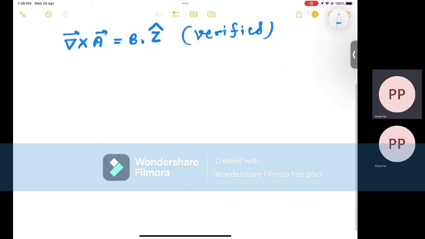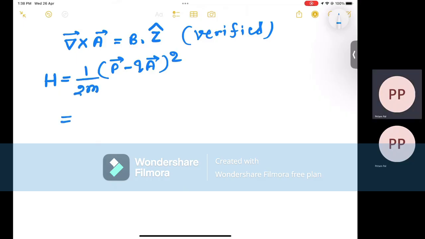So now our Hamiltonian is basically (p minus qA) square times 1 over twice m.